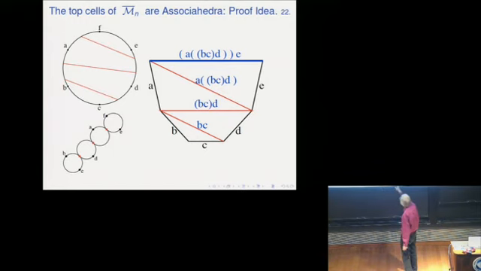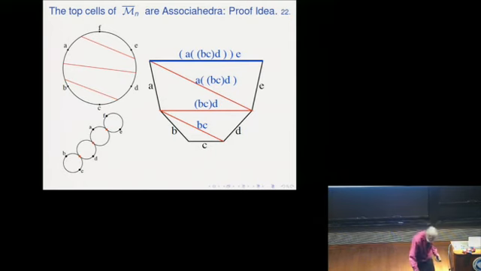For example, we can take two along the bottom, B and C, and let this red edge represent BC. Now we take BC and D and let this red edge represent BC times D. Then this edge will represent A times BC times D. And finally, the top edge will represent that, which is one vertex of the associahedron. You can do this for any vertex and get a similar diagram.